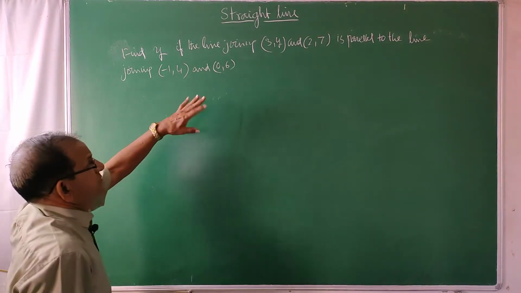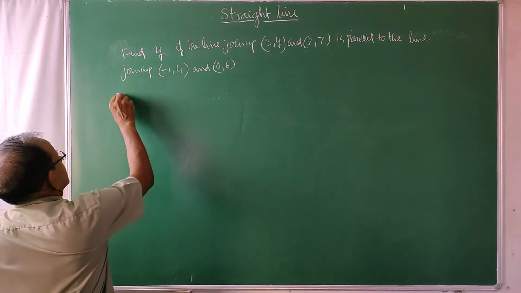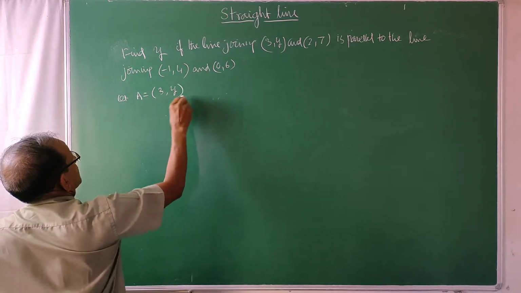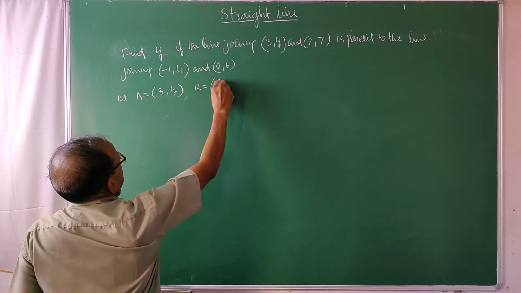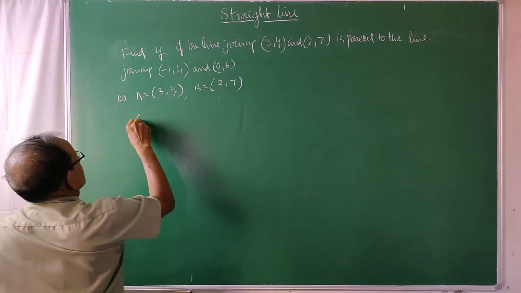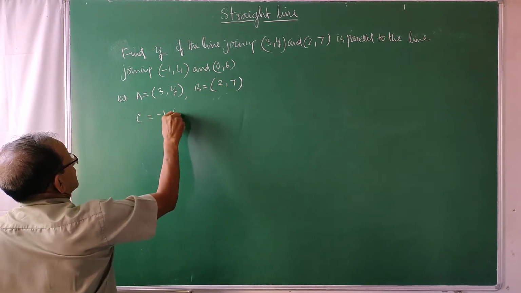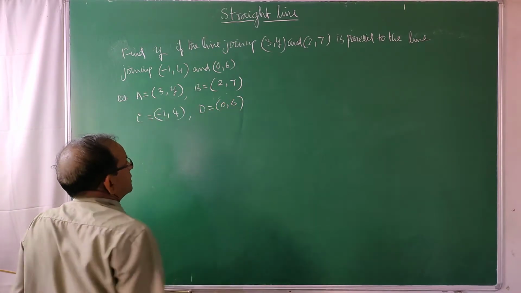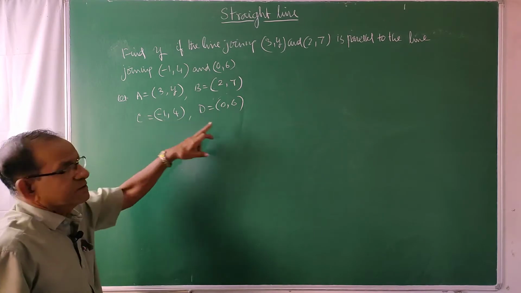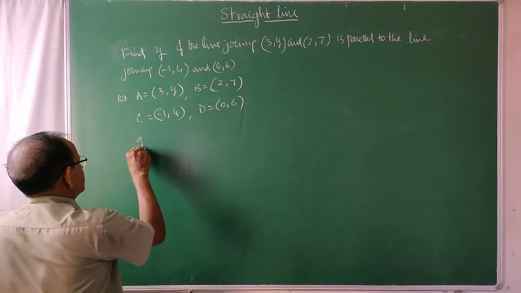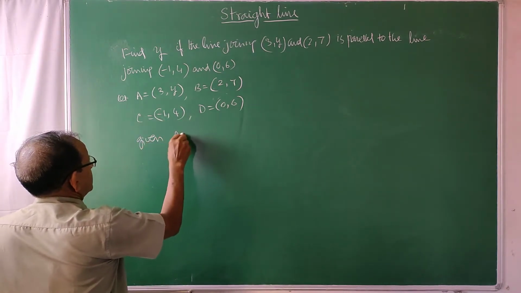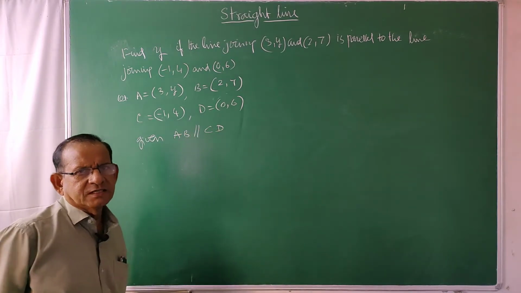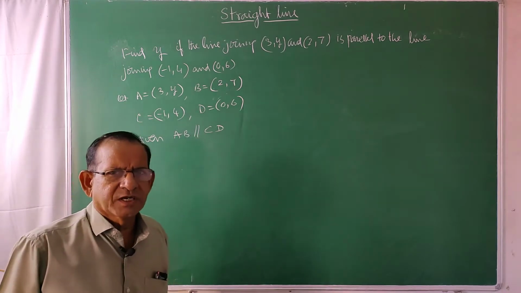Here, let us take the 4 points as A, B, C, D. Let A is equal to (3, y), B is equal to (2, 7) and C is equal to (minus 1, 4) and D is equal to (0, 6). Given that AB is parallel to CD. Whenever two lines are parallel, we know that the slopes are equal.